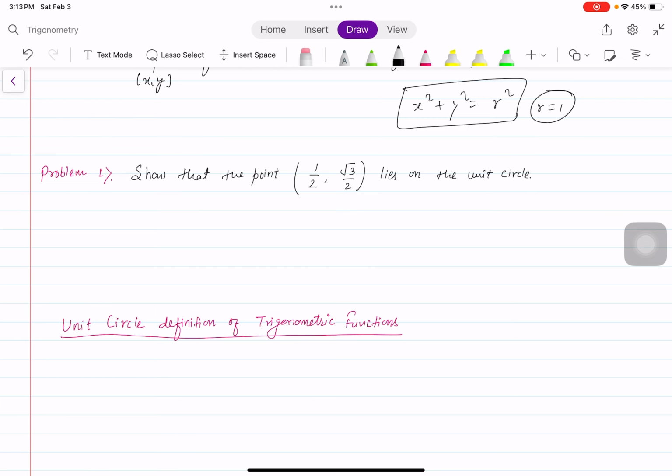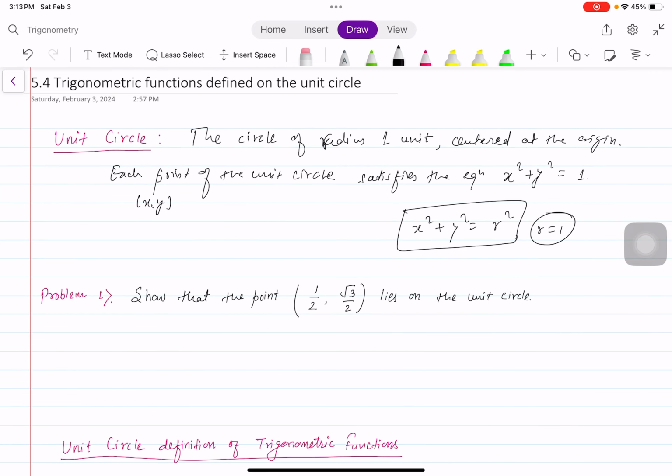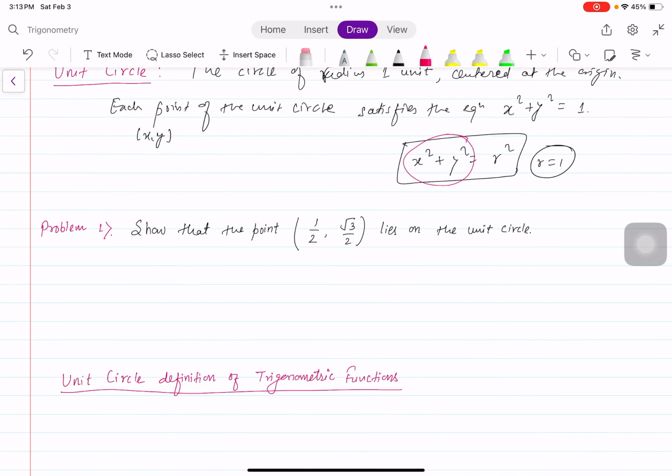In general, what we want to show here is that the radius of the circle is 1 unit, and the radius is given by this formula on the left hand side. If this turns out to be 1, we can say that the radius of the circle is 1.